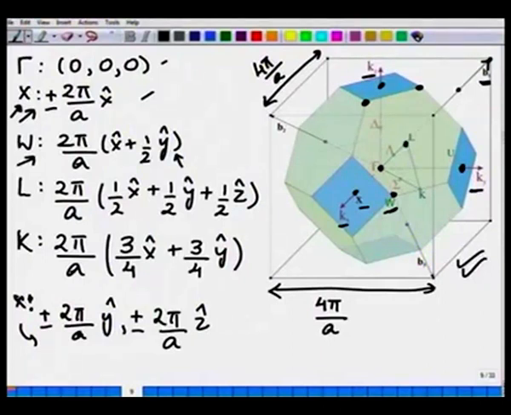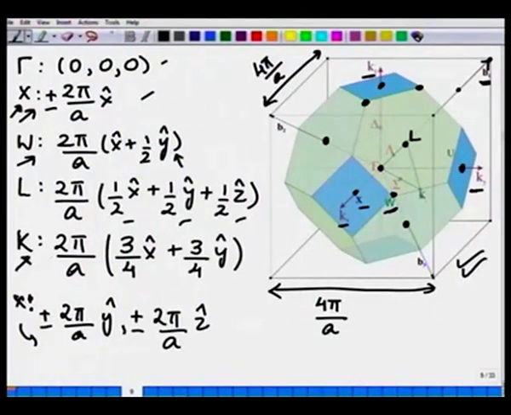Then the L point: I have marked this point, and this is also an L point, so all these are L points. I am writing the one I have marked here, but all are equivalent points. That is 2 pi by a times half in the x direction, half in the y direction, and half in the z direction. So that is what L is.